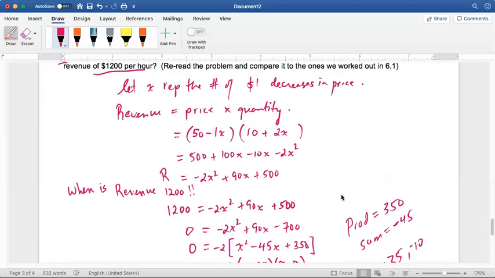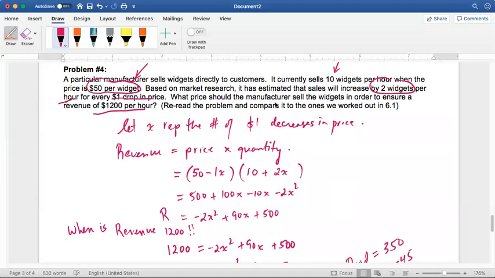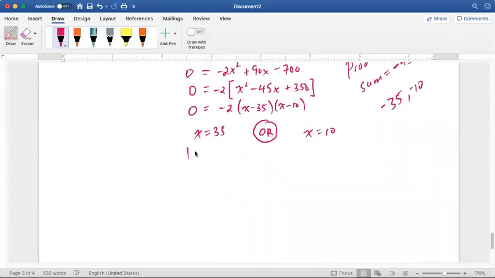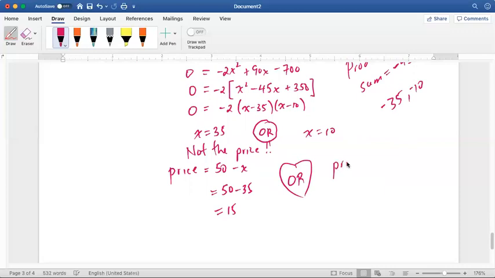Now keep in mind, we wanted to know what price. Remember, x is not the price. The price is 50 minus x. So it's going to be 50 minus 35, or 15, or the price is going to be 50 minus 10, or 40.